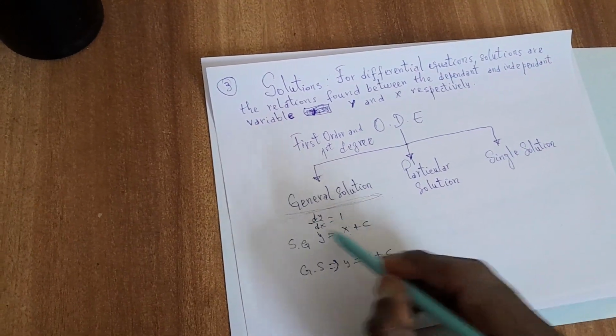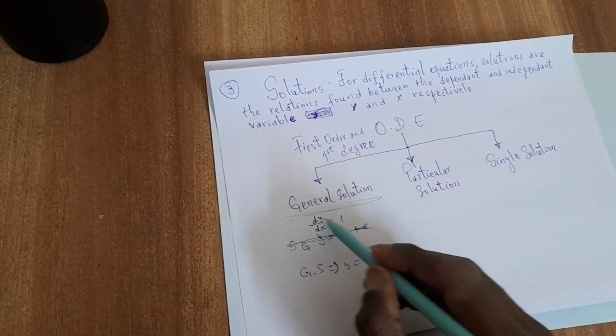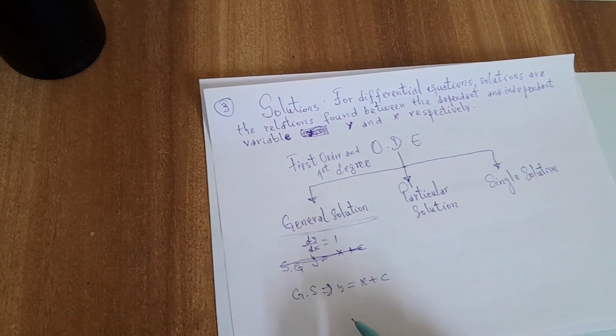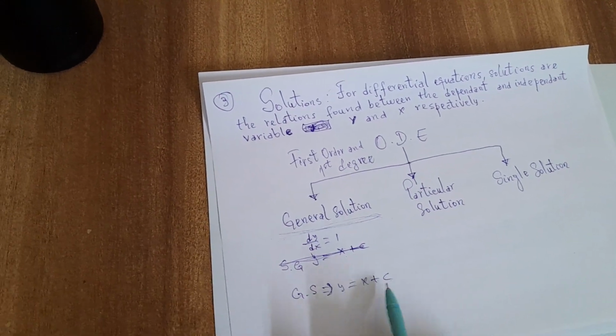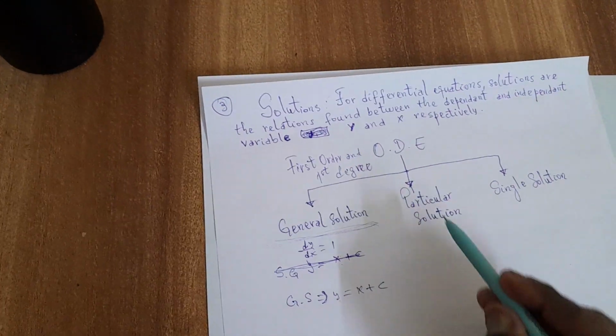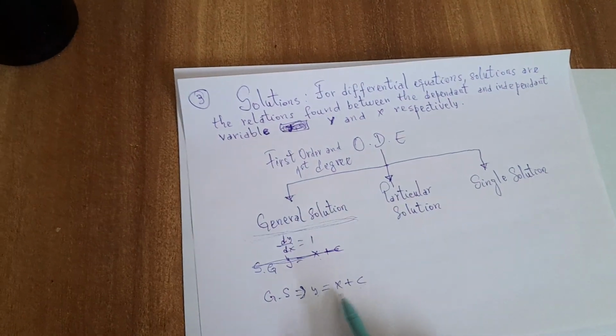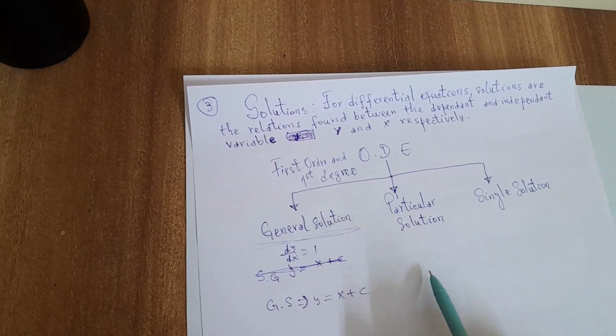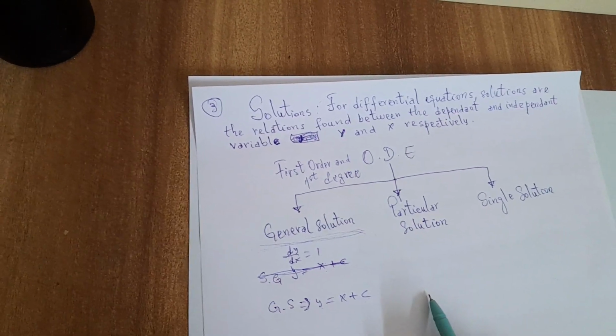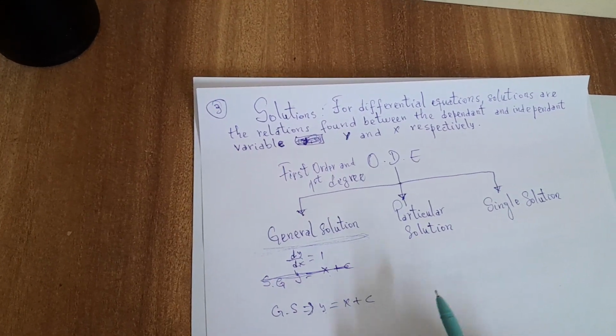So for this equation, we have to say that the general solution is y equal to x plus c, right? But for the particular solution, what will be the value of this c? To find a particular solution, we have to find what c is at a particular point.